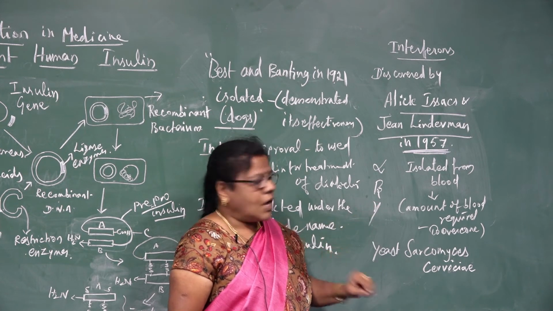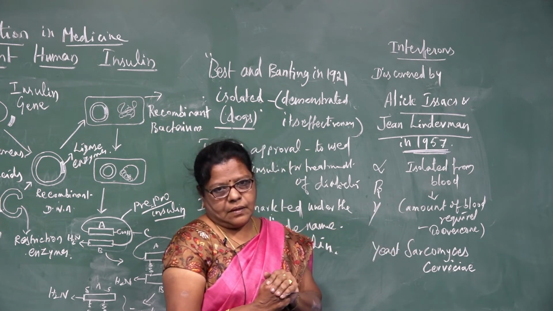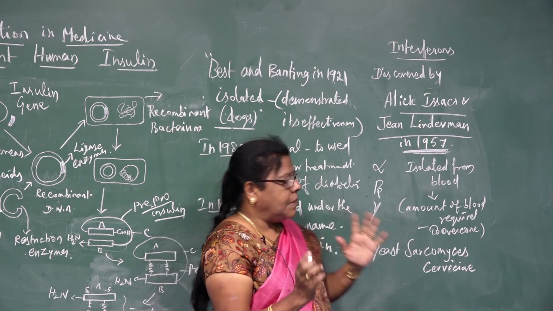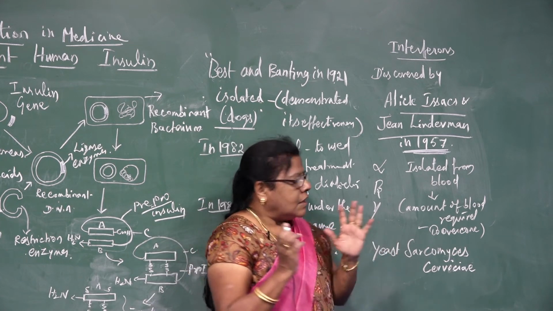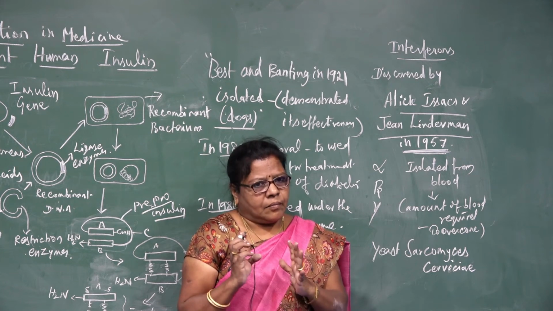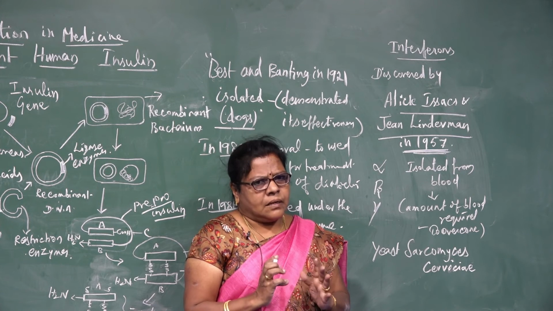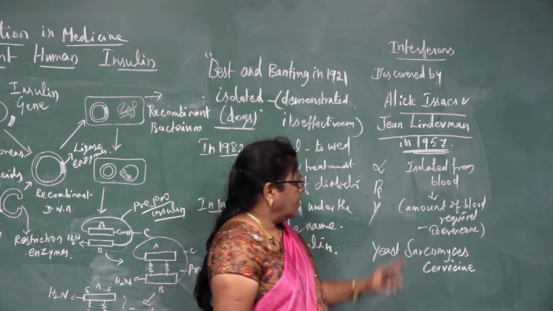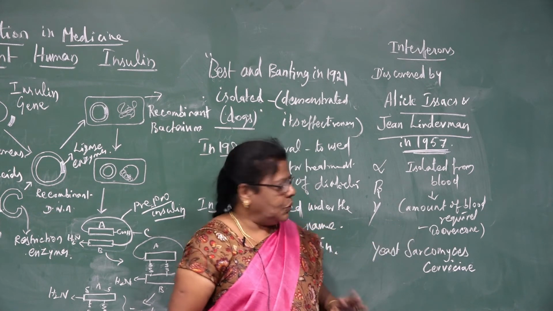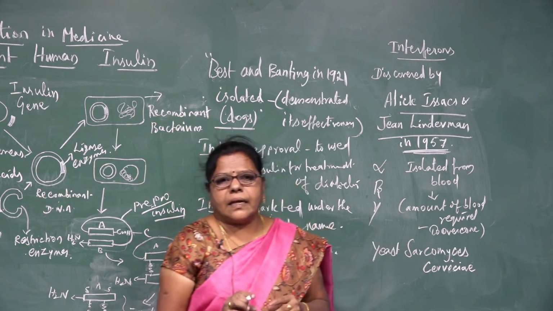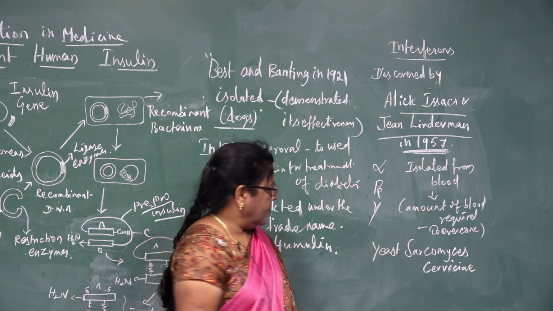These interferons are isolated from the blood, but the amount of blood required for isolating the interferon is enormous, which is not practical. So to overcome this issue, interferons are produced by the recombinant DNA technique.